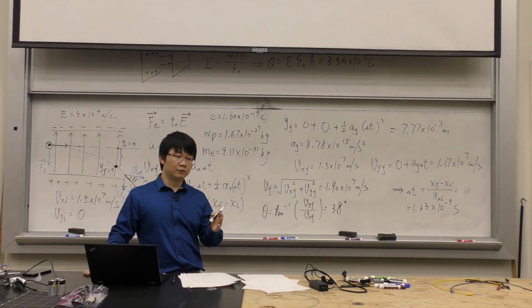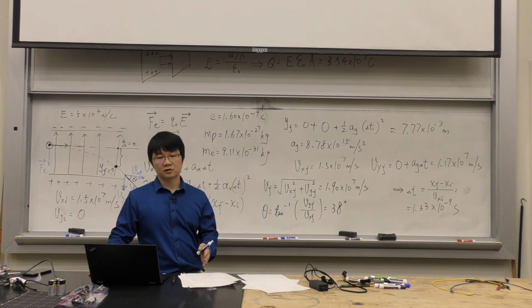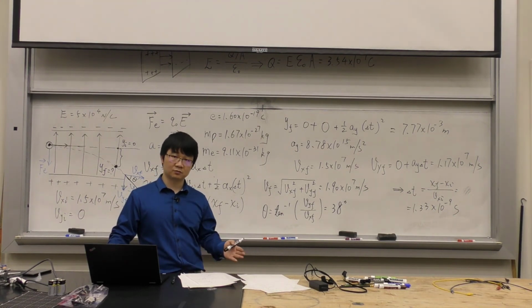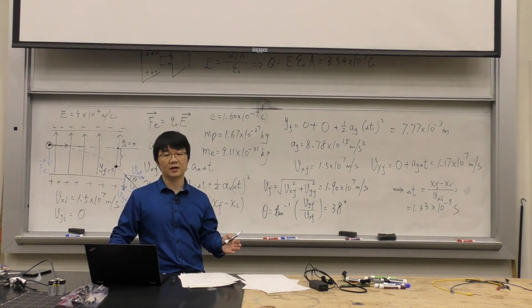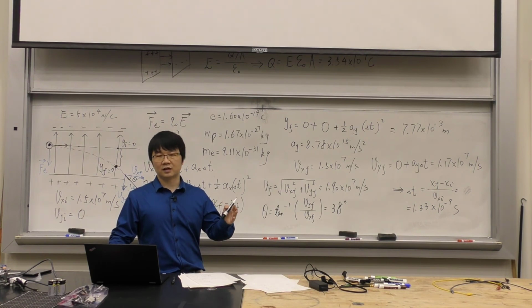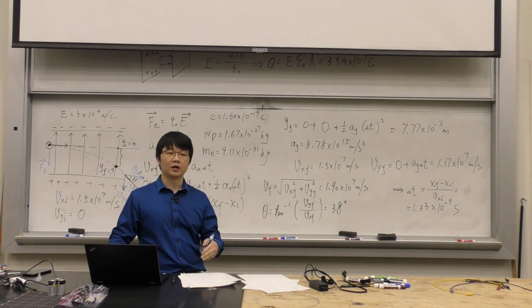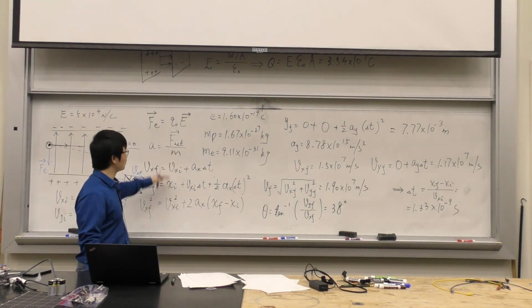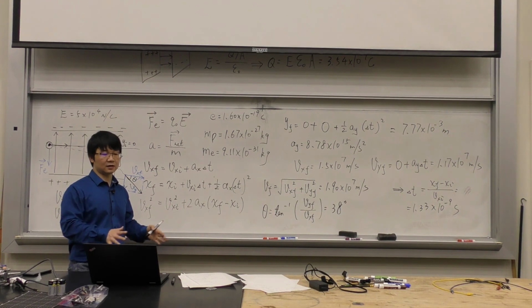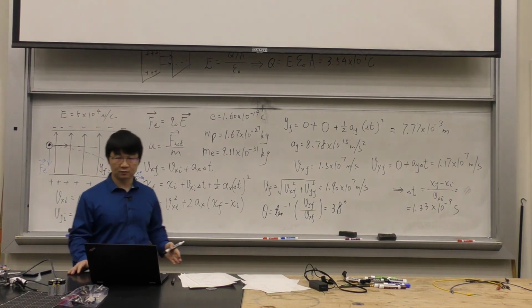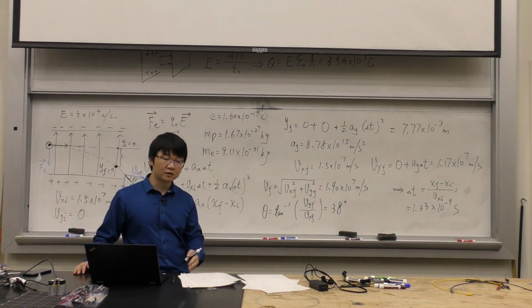And if the velocity is not along the same line as the force and the electric field, it may move in a parabola, not a straight line. In that case, it's pretty much like projectile motion. You just need to break the motion into x and y directions, and use the kinematic equations and Newton's second law in x and y directions separately, independently.